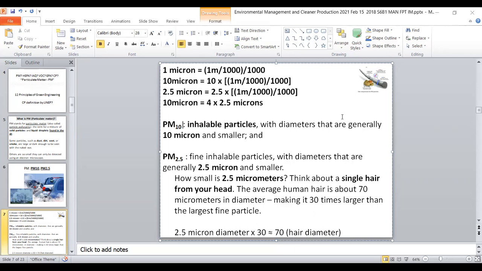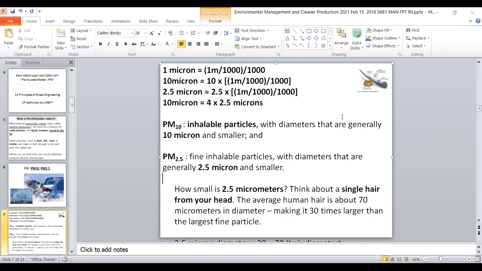Generally PM10 means inhalable, with diameters that are generally 10 micron. Then what's the difference? PM10 and why do we have two standards?